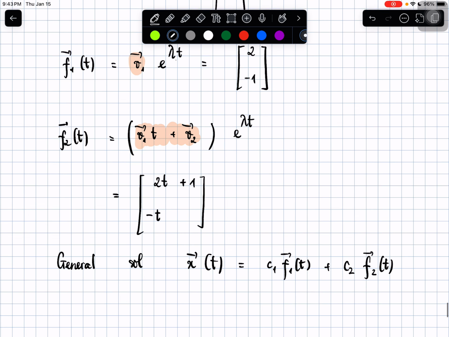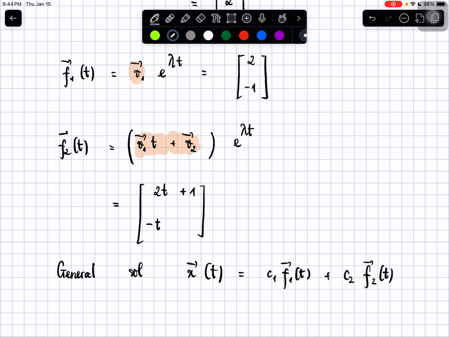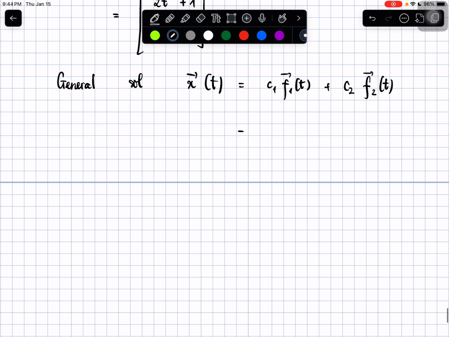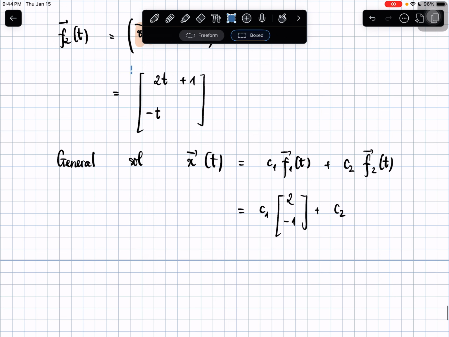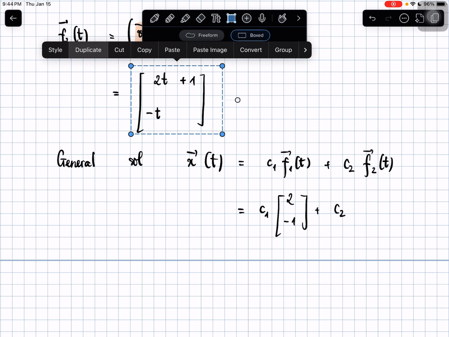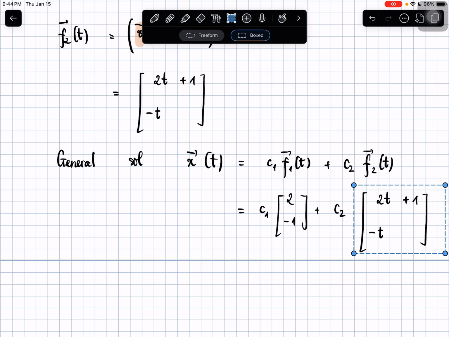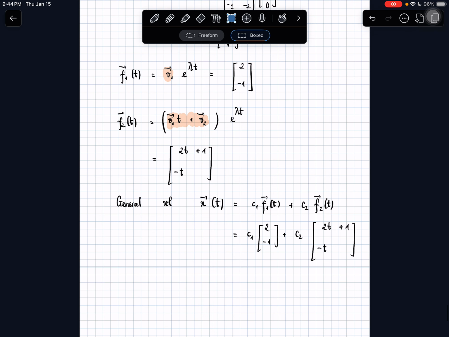So c1 times 2, minus 1, plus c2 times f2. So that is a general solution.